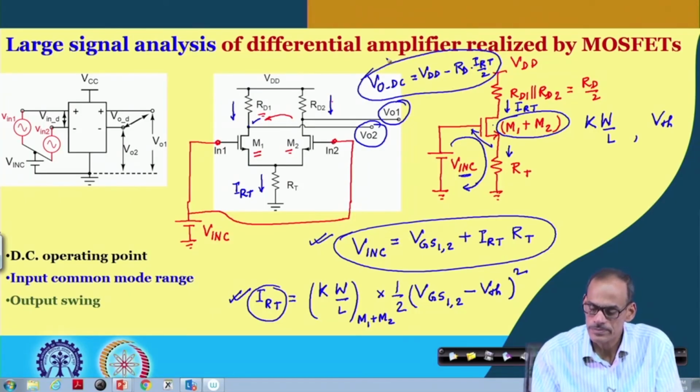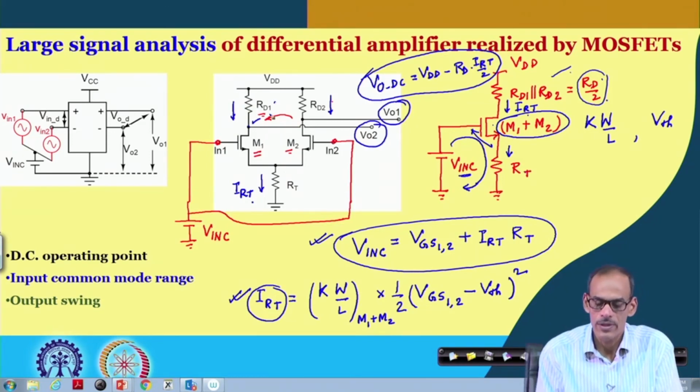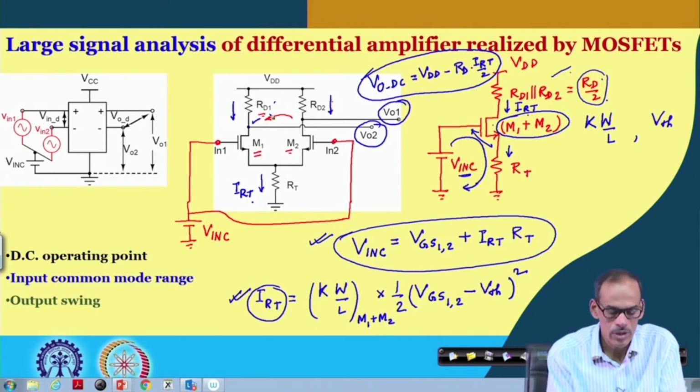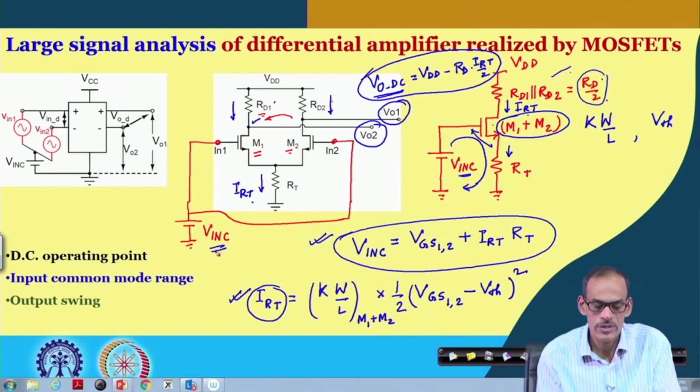In fact, either you consider this circuit where the drop here is RD by 2 multiplied by IRT, or you consider half of this circuit where the current is half and the resistance is RD. So, we got the expression of the DC output voltage for a given input voltage.